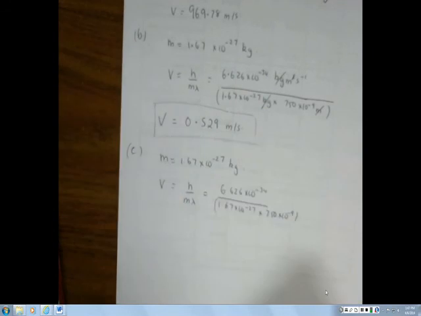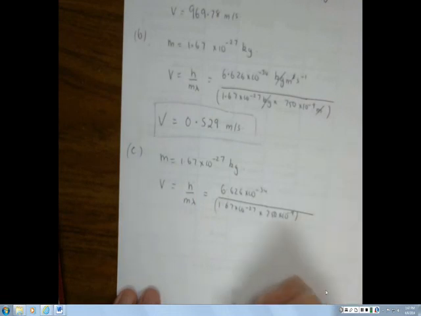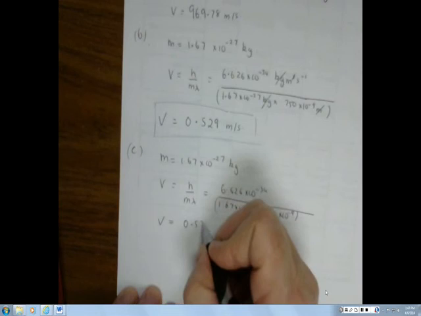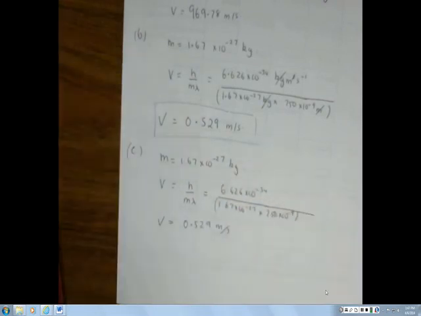Oh, look at that. It's going to be identical to what we had before, isn't it? Not surprising because protons and neutrons have basically the same mass. So that guy's going to come out 0.529 meters per second. We don't need to run through that calculation.